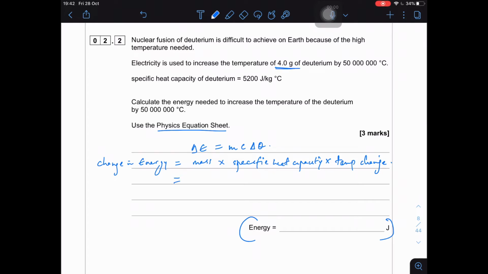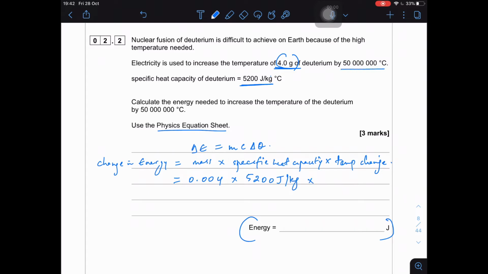Mass is given, and this is in grams, so we need to convert it into kilograms. Let's make it 0.004 kilograms. Specific heat capacity is 52000 joules per kilogram per degree Celsius.